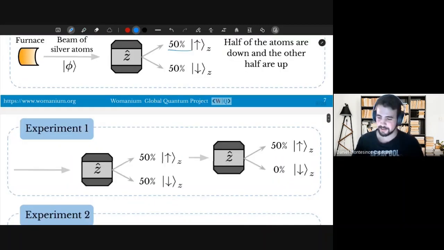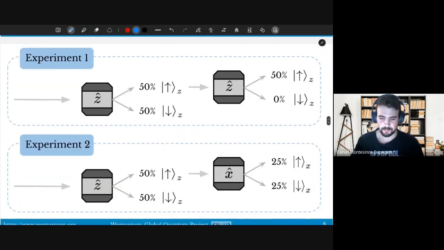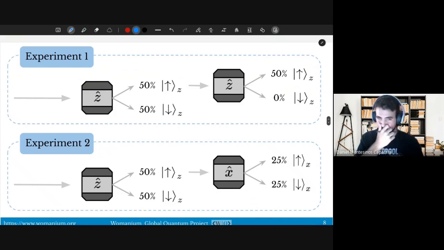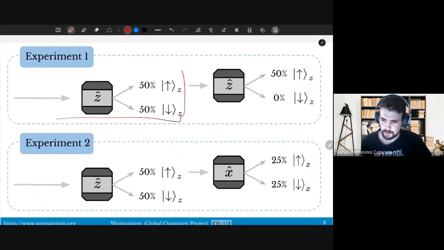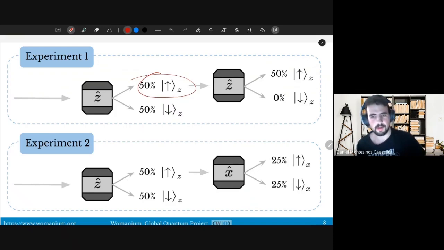So, right, let's move into more interesting experiments. For example, let's take this one. You have your silver atoms, all right? This is the very same as I have just discussed. So let's say that you take just this half of your whole beam, and after that you do the same measurement.